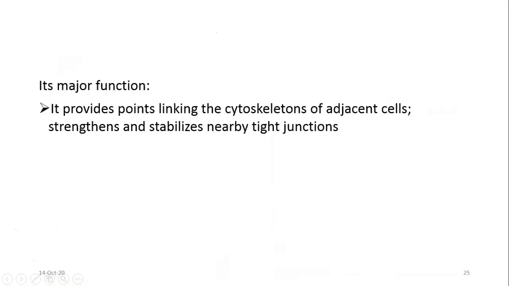The major function, it provides the points linking the cytoskeleton of adjacent cells. These adherent junctions provide link of cytoskeleton of epithelial cell and its adjacent cell, and it strengthens and stabilizes the nearby tight junctions.